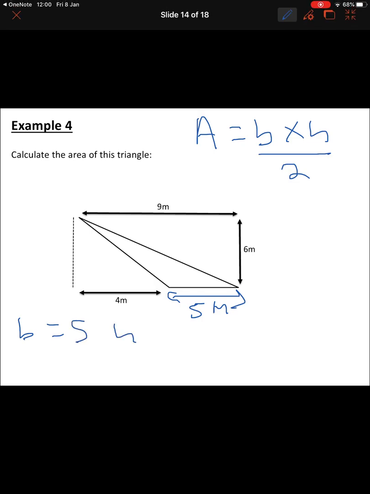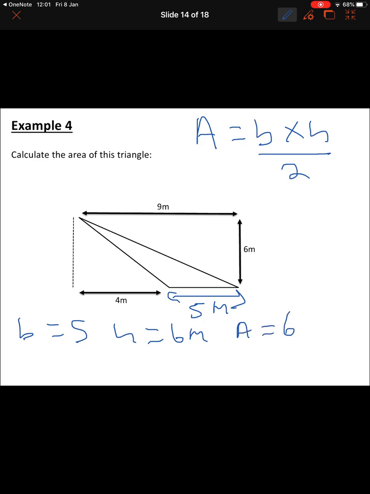We also have to see if we know what the height is. Now, height, remember, goes up and down. So the height is 6 meters.